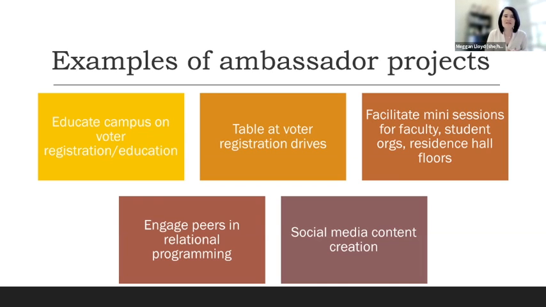One of the other things I am hoping to add into this program is this: during the 2020 election cycle, before I started in this position, our office received over 30 requests from faculty members across campus who wanted someone from our office to come talk about voting to their classes. They were interested in voter education and how to get students registered to vote, but didn't feel they were the right person to do that.